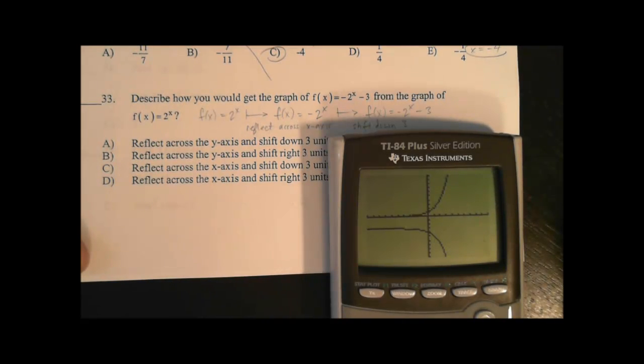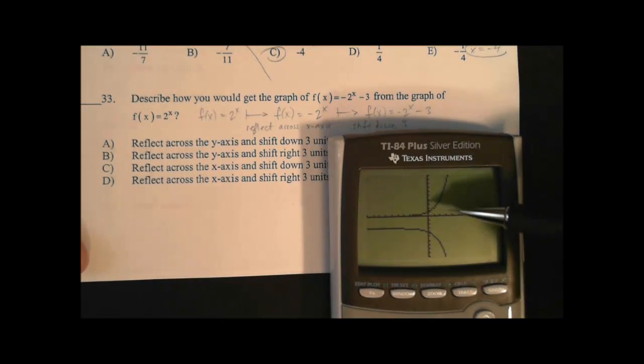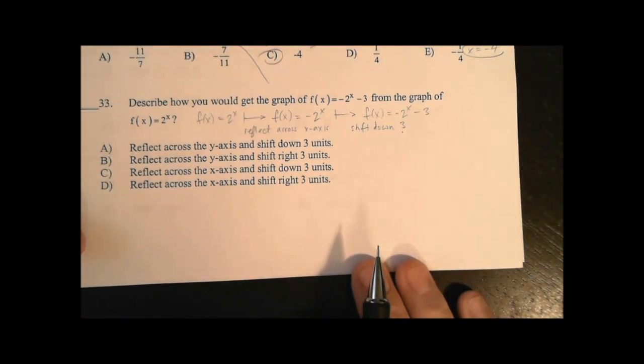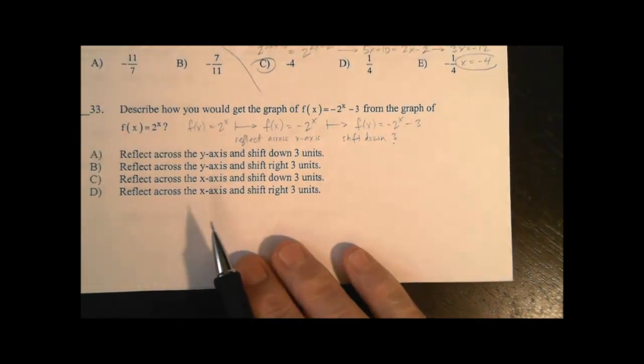And if you do these two operations in the opposite order, if you first shift down and then reflect, you'll get a different graph. So do be careful that these two operations aren't commutative. You can't do them in either order and get the same result.